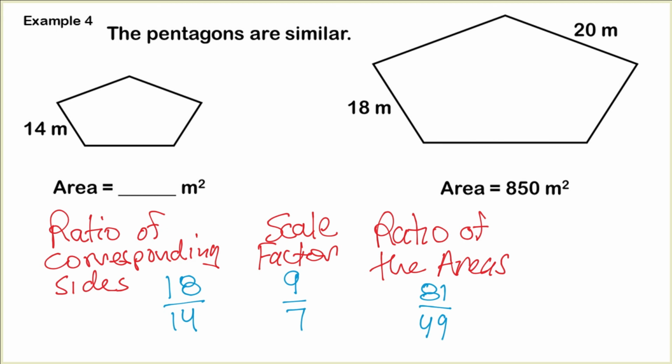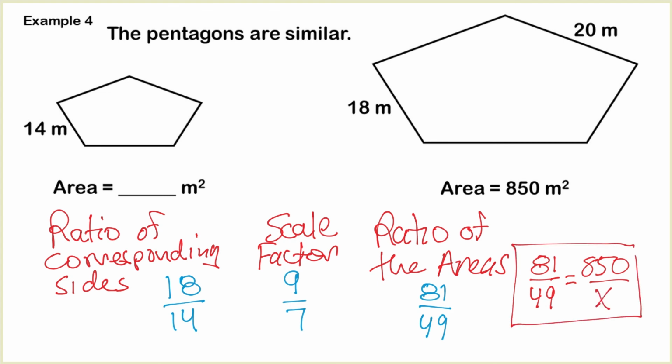We start with the image, which is where the 81 comes from, and then the pre-image, which is where the 49 comes from. And then we take the area of the image, which is 850, over the area of the pre-image, which is x. So by solving this proportion, we will be able to find the area of the pre-image.